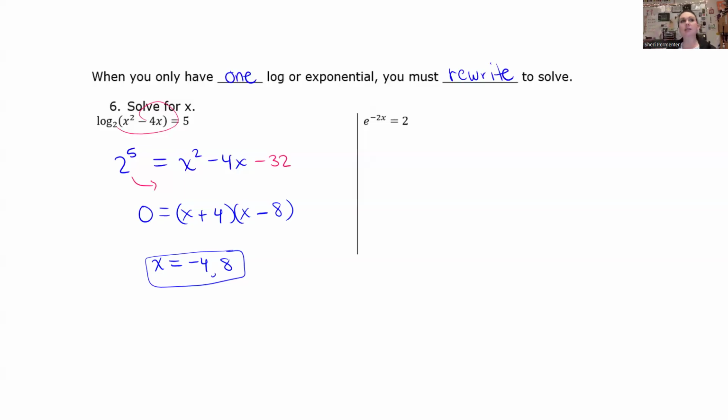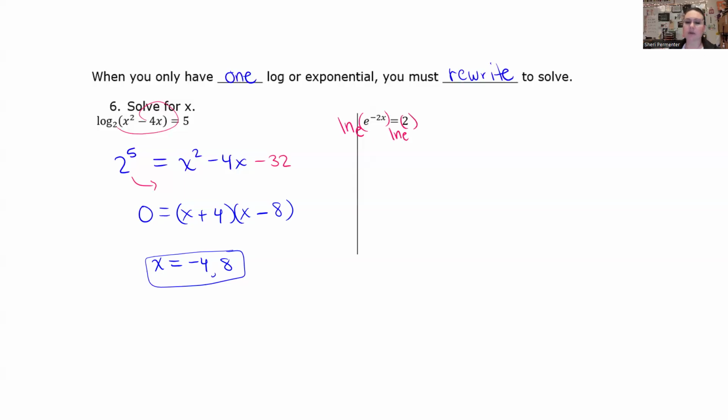So what is the base here? E. So which logarithm matches with a base of E? Natural log, yes. So I'm going to make the natural log. Let me get pink. So I can take the natural log of both sides.